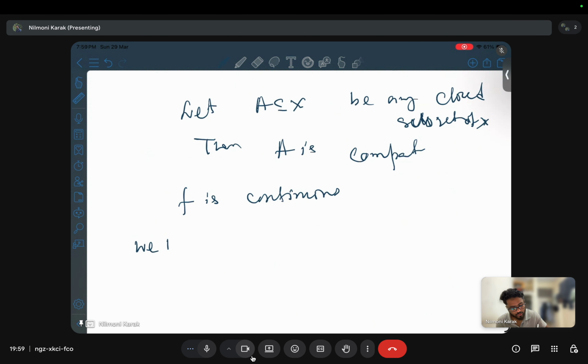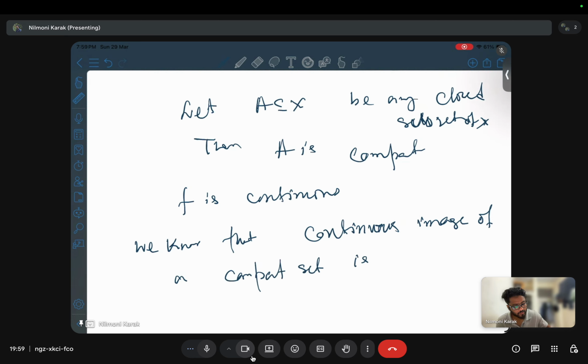We know that the continuous image of a compact set is again a compact set.